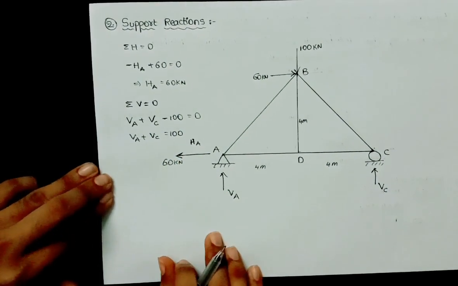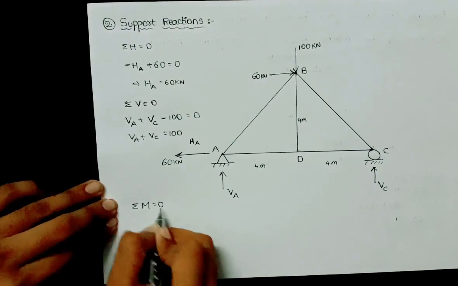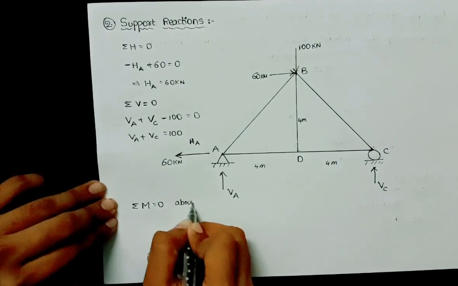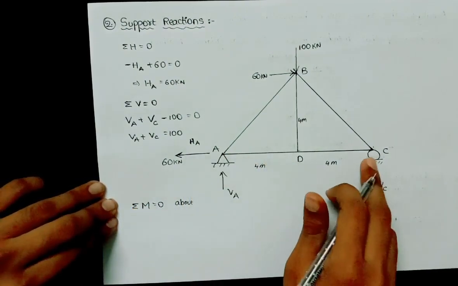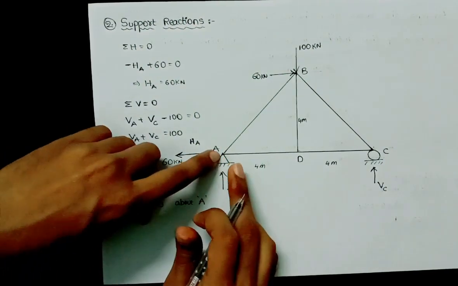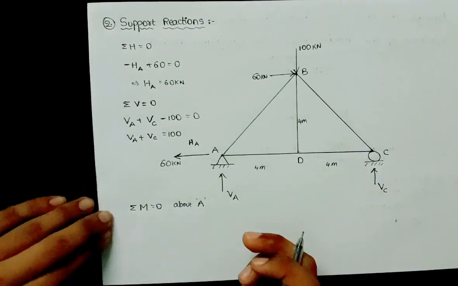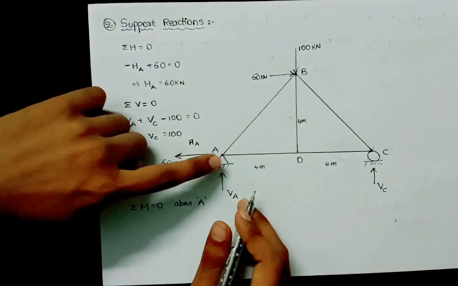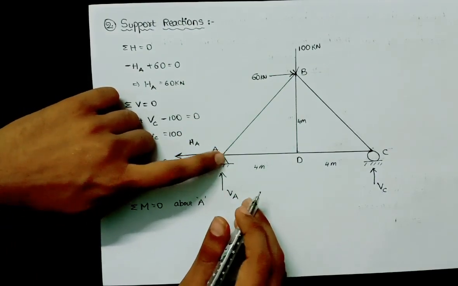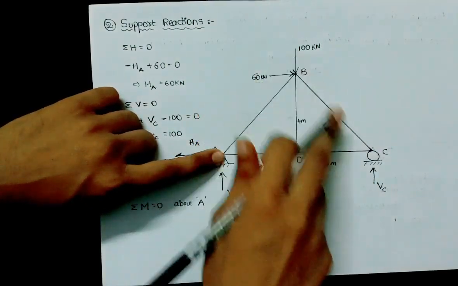Now I am applying the third equilibrium equation, sigma M equal to 0, algebraic sum of all the moments about a point. You can take either A or C. So I am taking A: algebraic sum of all the moments about A equal to 0. We are having 1, 2 and 3.